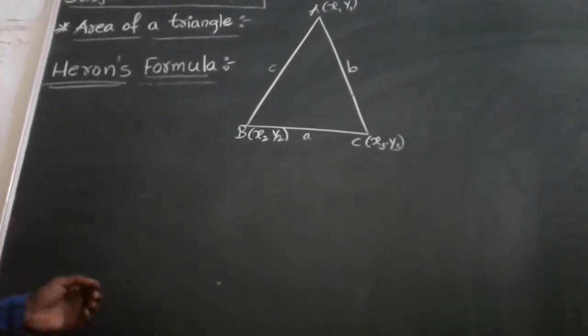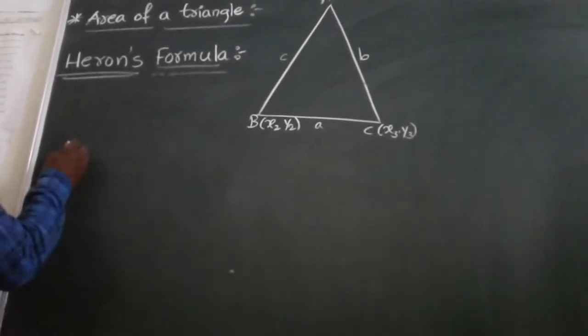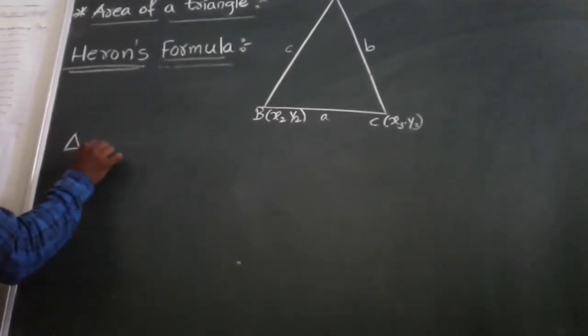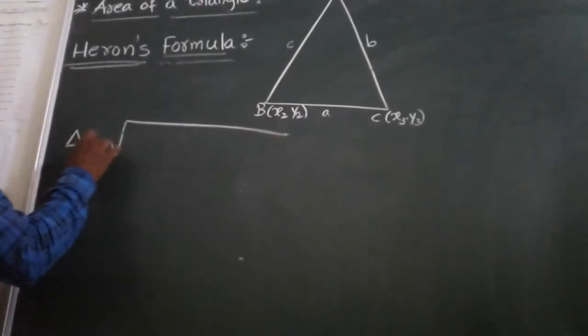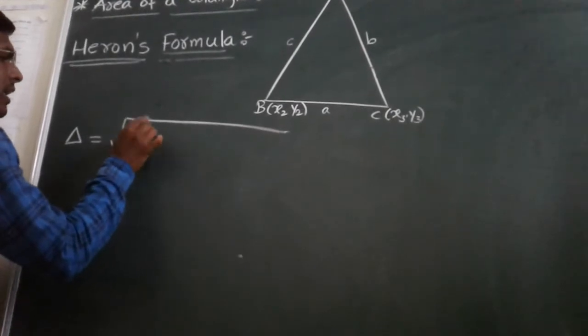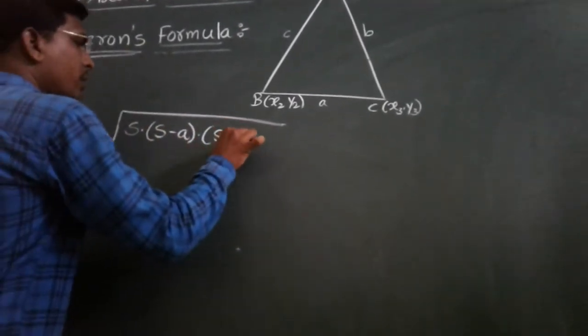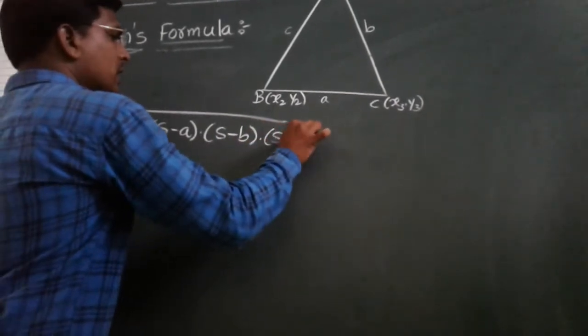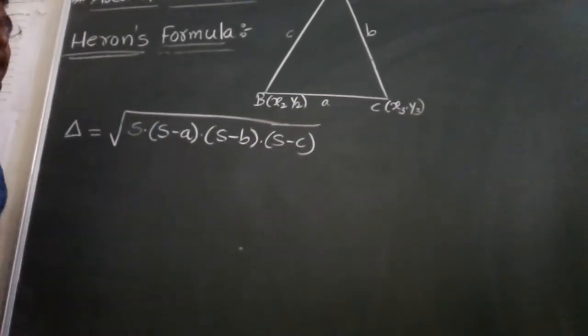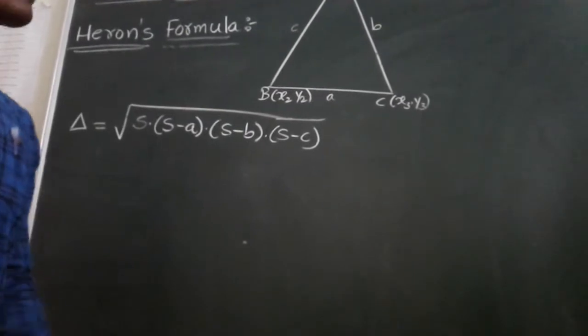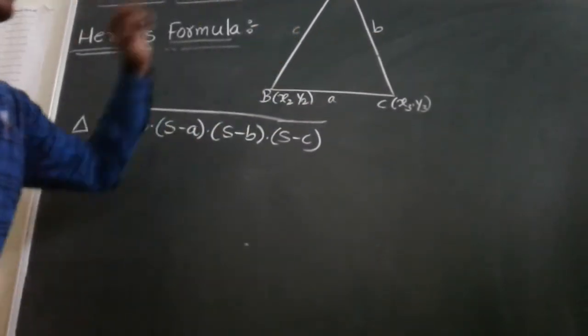So when the Greek mathematician found that formula, that is the area of the triangle is equal to under root of S into S minus a into S minus b into S minus c. When the sides of a triangle are given, a, b, c.